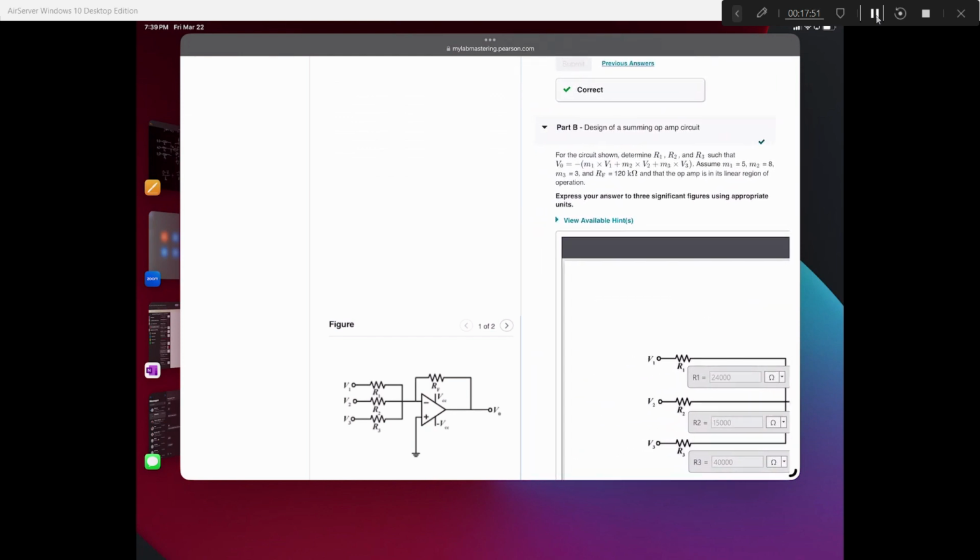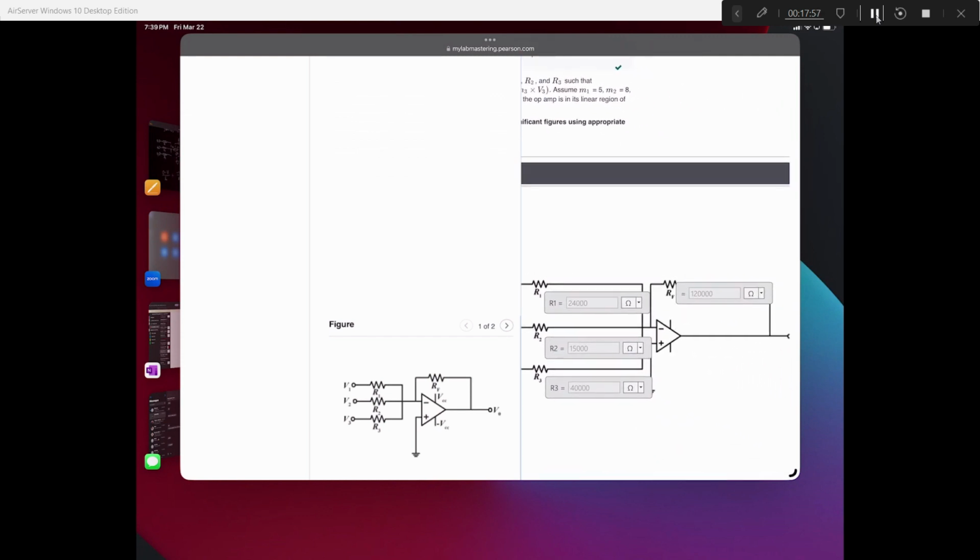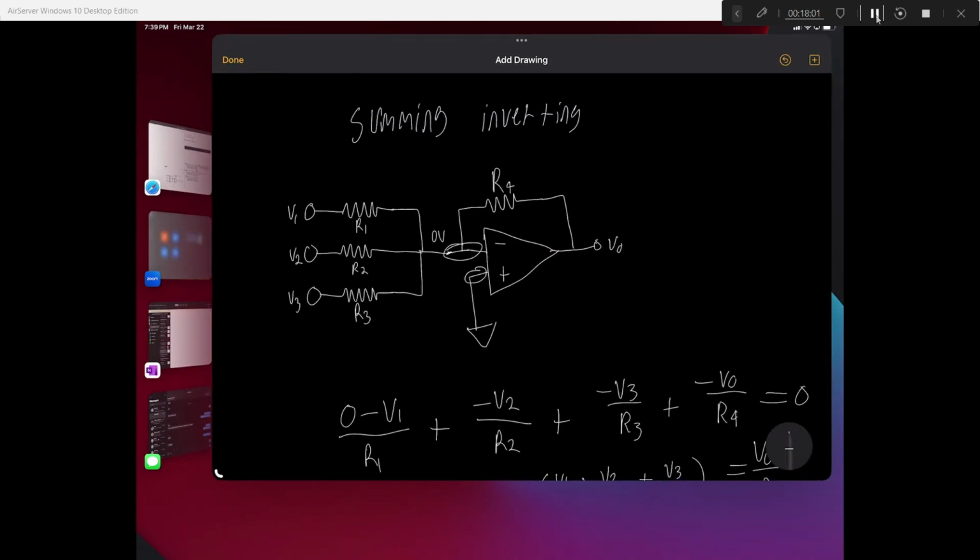So this gives us M1, M2, and M3. And it tells us RF. What is RF? RF is what our R4 is.